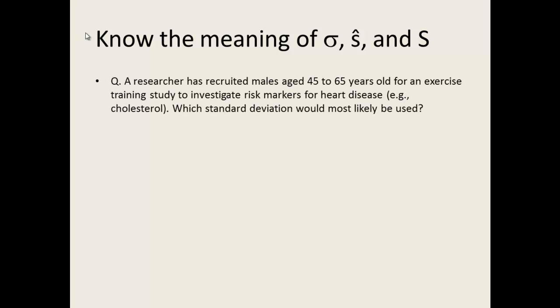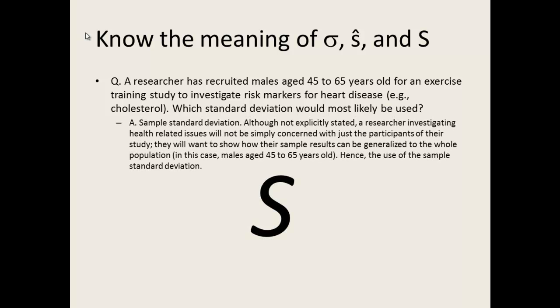In a second example, a researcher recruited males aged 45 to 65 years old for an exercise training study to investigate risk markers for heart disease, for example, cholesterol. Which standard deviation would most likely be used? The answer is the researcher would want to calculate a sample standard deviation.